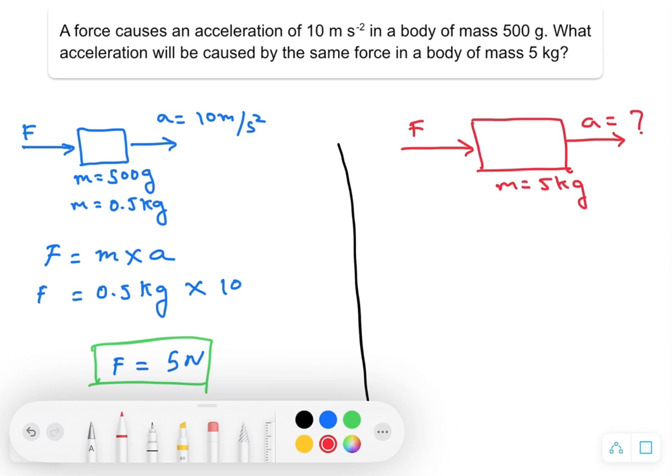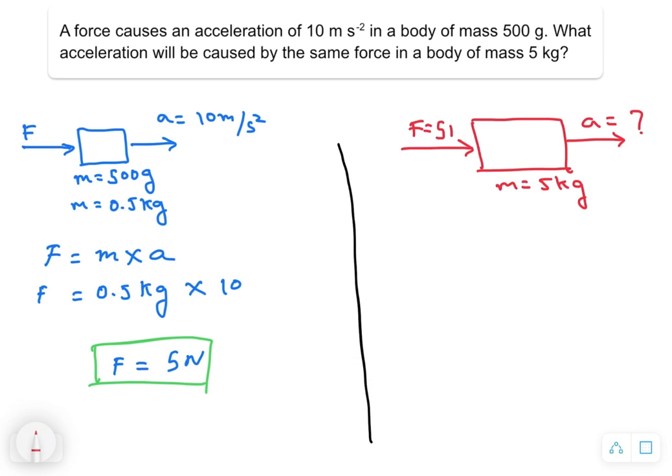Now we have calculated the force. It is 5 newton. Force is the product of mass and acceleration. Here we need to find the value of acceleration. Therefore, let us rewrite this in terms of acceleration. Acceleration will be equal to force divided by mass.